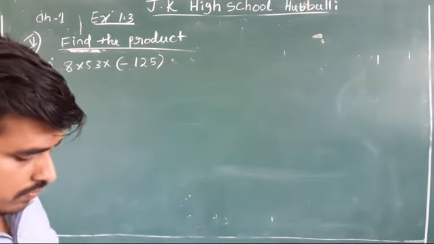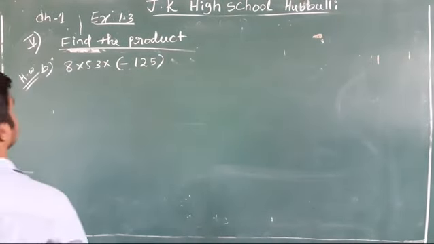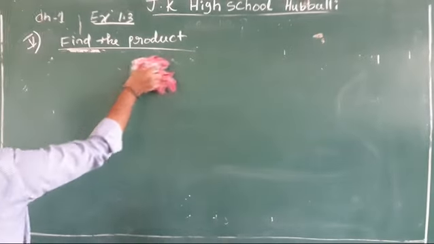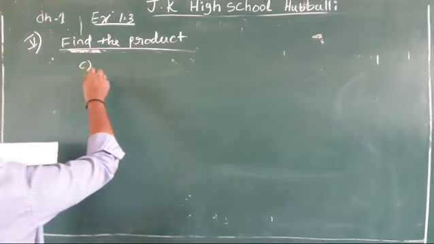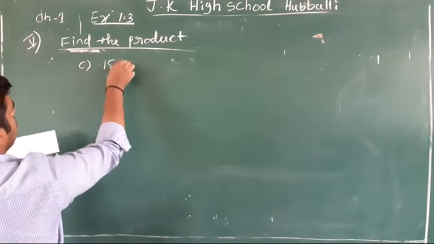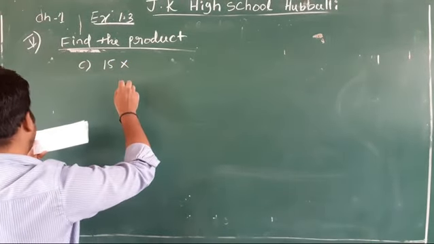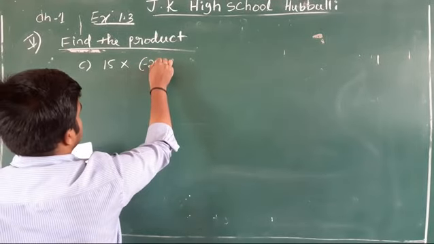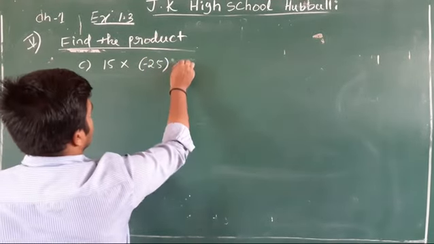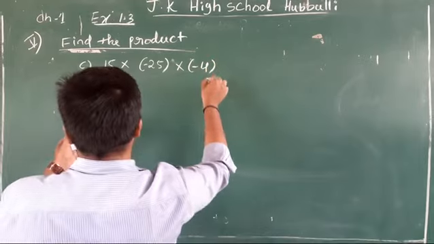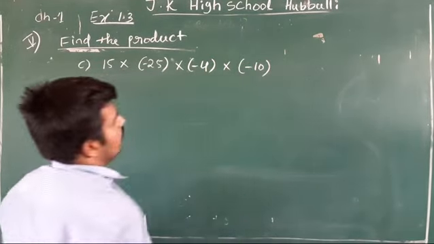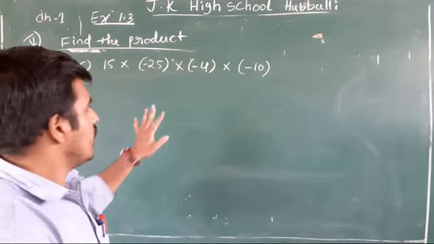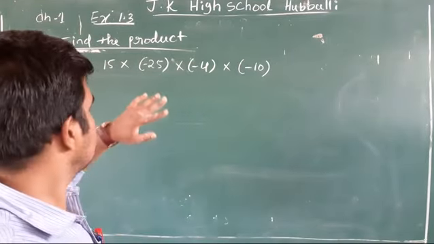Note down Question C. 15 into minus 25 into minus 4 into minus 10. All four integers are in multiplication with one another, so it is a continuous chain.